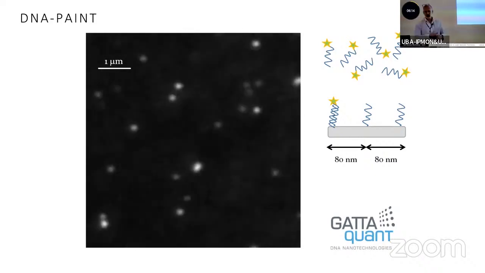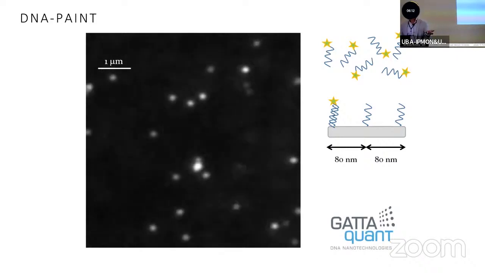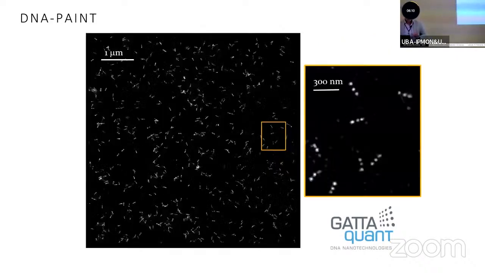And we let them blink. And then we analyze this video and reconstruct an image. And this is what you get. A lot of points, but all of them are in one line, and there are 3 dots separated by the design distance of this DNA origami. So you see, you can really resolve sub-diffraction positions in a sample.